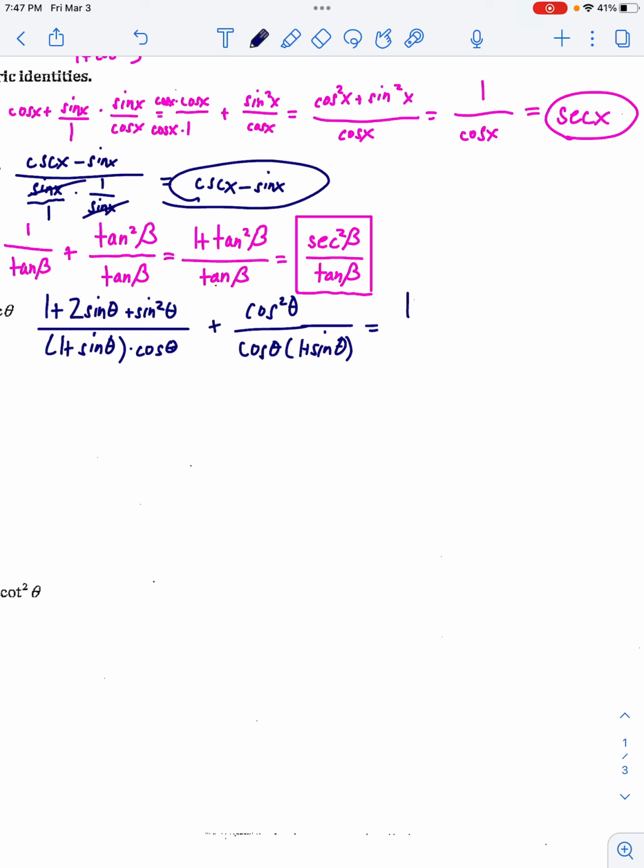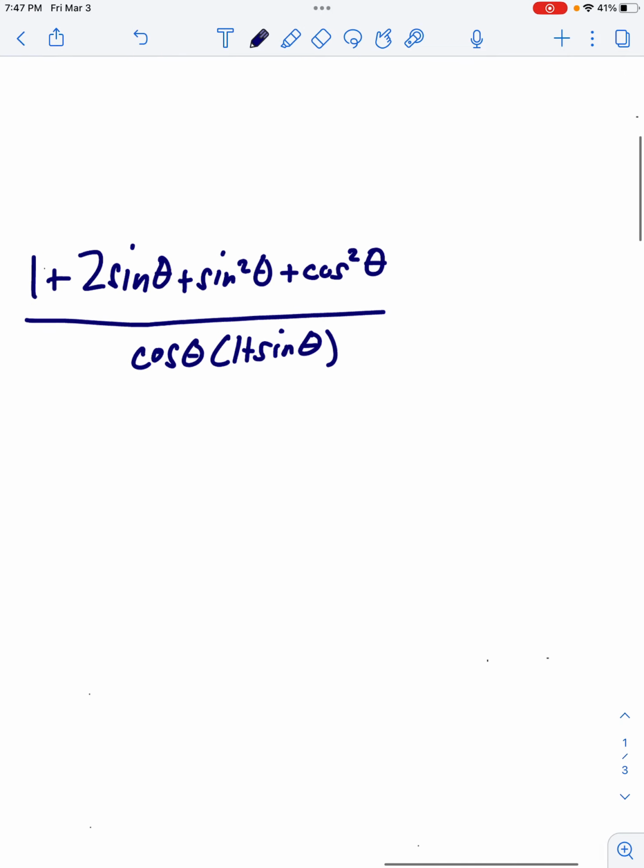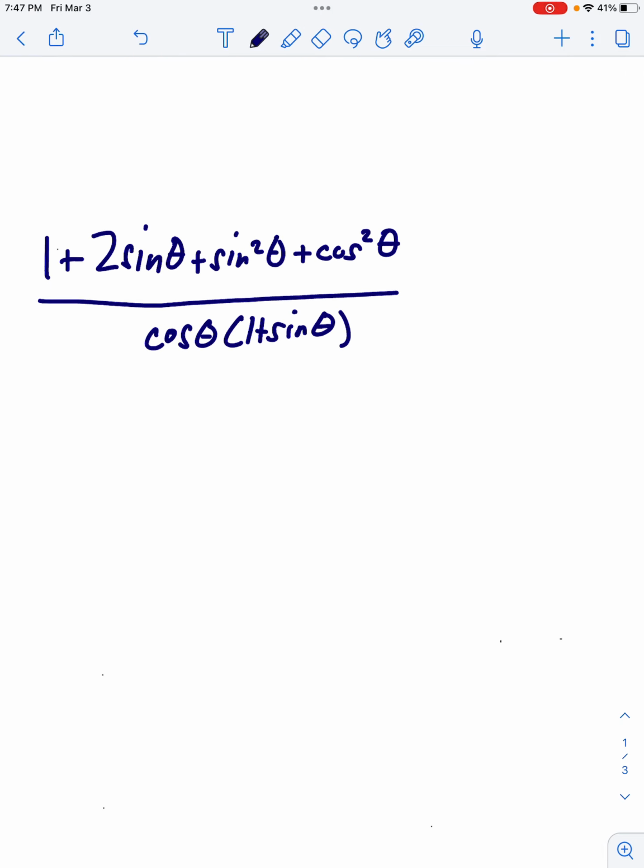So I get 1 plus 2 sine theta plus sine squared of theta plus cosine squared of theta. On the bottom, I have cosine theta times 1 plus sine theta. All right. Good.